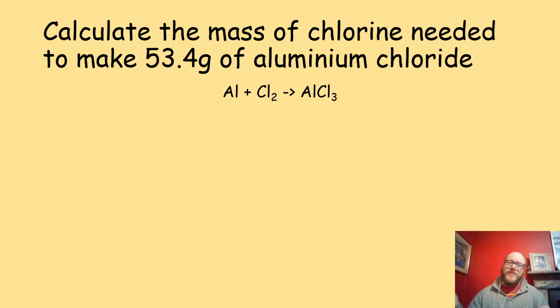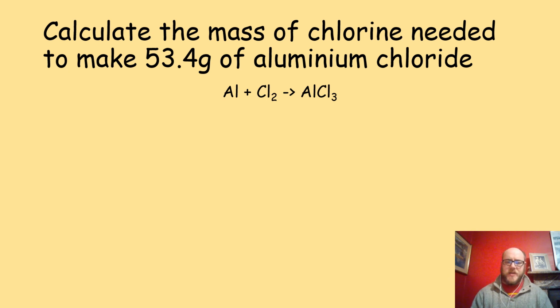Plus my product is an odd number, and I've got an even number on the other side. So the first thing to try is multiply it by 2. So if I look at AlCl3, multiply that by 2, so I've got 2 AlCl3. I've now got 6 chlorines. 6, hooray! But I've still only got 2 chlorines on the other side.